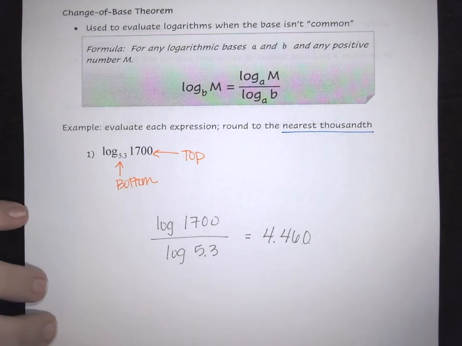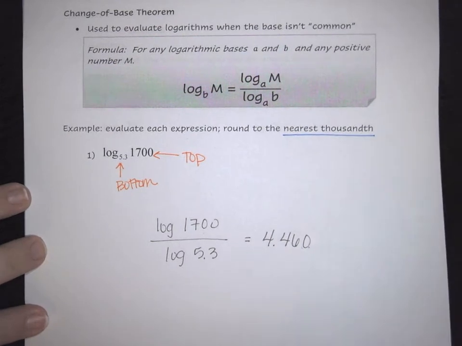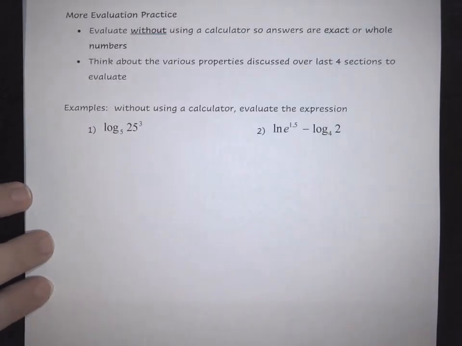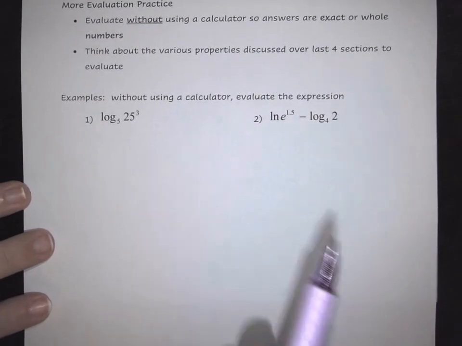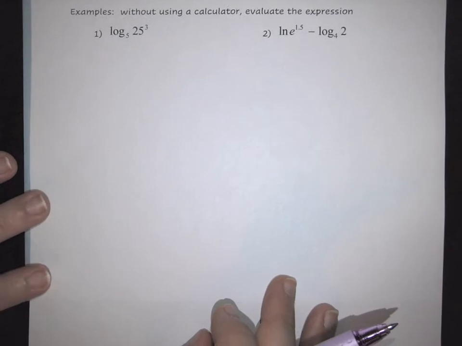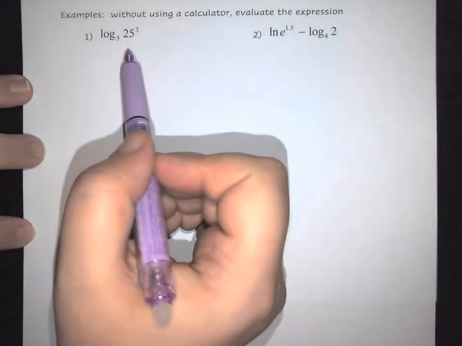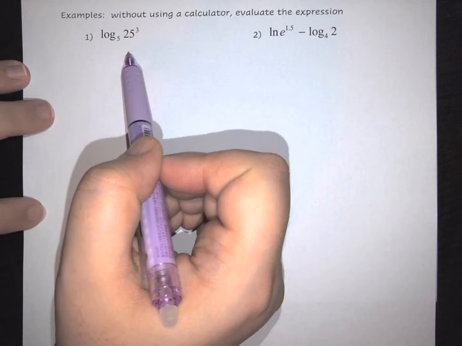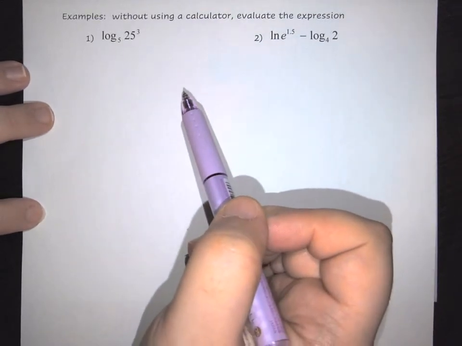And so that's essentially everything that you would need to know about changing your base. Now, as far as a little bit of extra practice, one of the things that we can look at again is reinforcing the idea that you can solve most log problems without using a calculator, and we do that simply by applying the properties that we know.